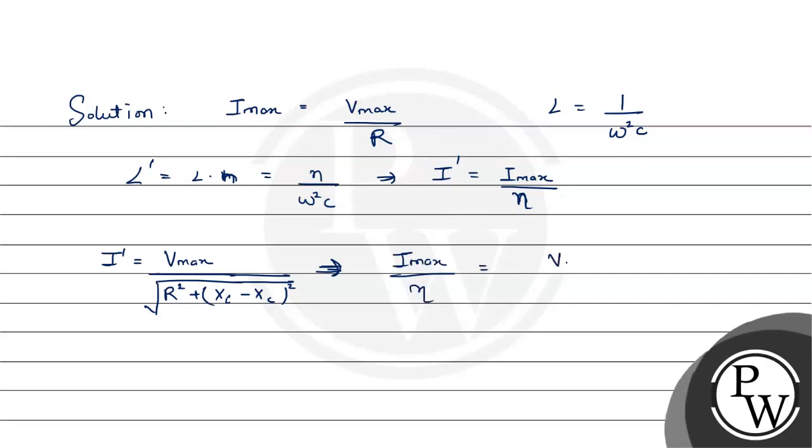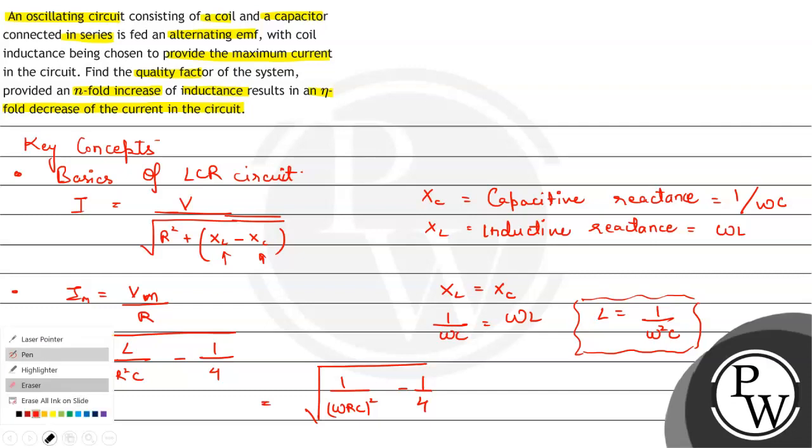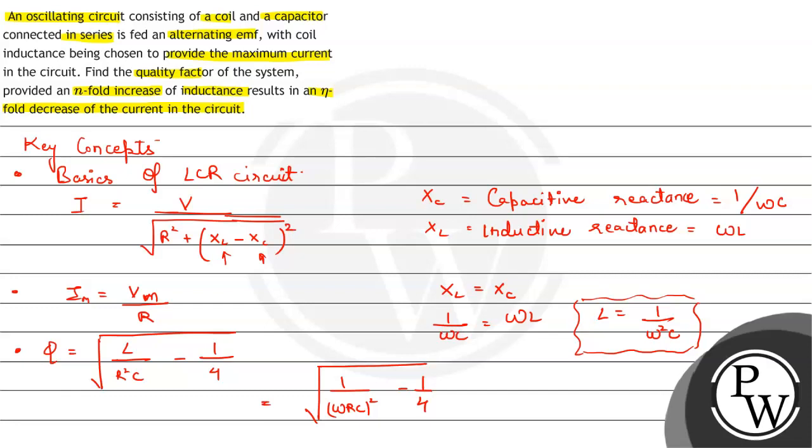It will be equal to V max upon, putting the value of L, square root of R square plus (XL minus XC) whole square, where XL is omega L, which is now omega times n upon omega square C, minus 1 upon omega C. I'm sorry, let me correct it here: it is XL minus XC whole square. It was written here wrong, so the square is outside and not inside it.